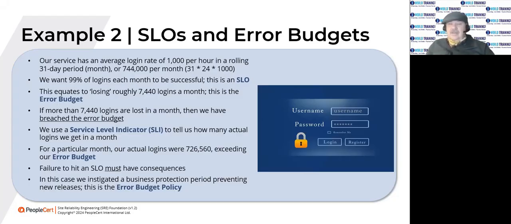Quite often that policy will be: wait a minute, don't do any more releases, because new releases tend to disturb the reliability. So for a while, until we get something implemented or back on track, you're not going to allow new releases.